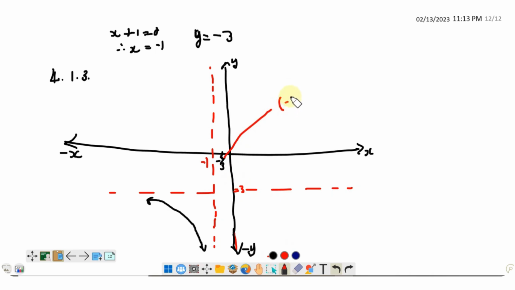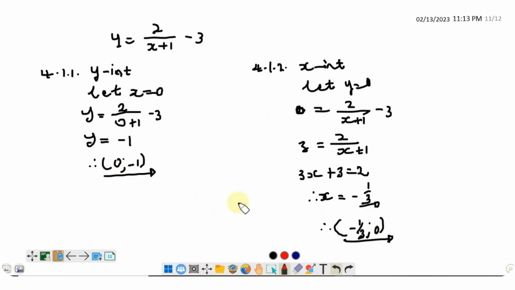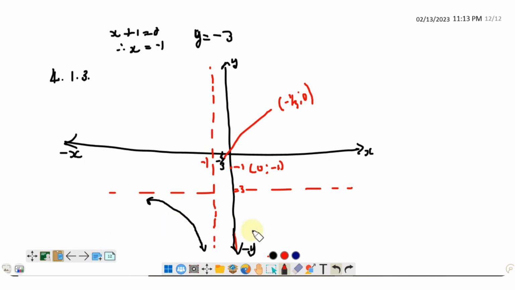This coordinate here is negative 1 over 3 and 0, the x-intercept. We calculated that. And another one here is 0 and negative 1. We calculated these coordinates here, guys. I'm just plotting them. So now I can draw the graph.